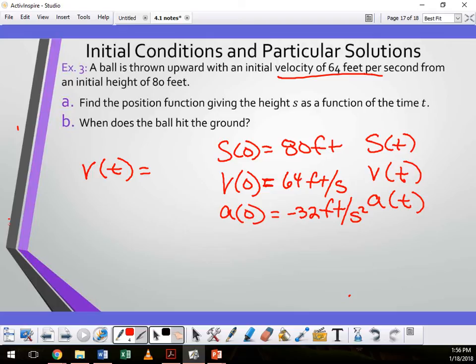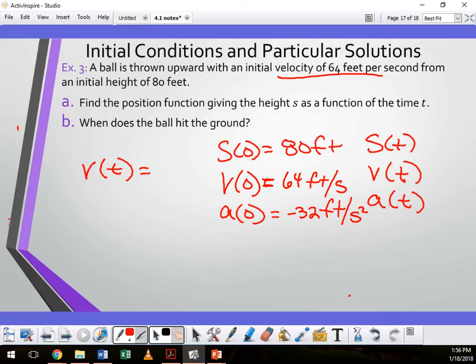Okay, so we're going to go through and set this up. I draw a node diagram. I'm going to set up my function for this one right here. I know, given this, you got the negative because gravity always goes down.